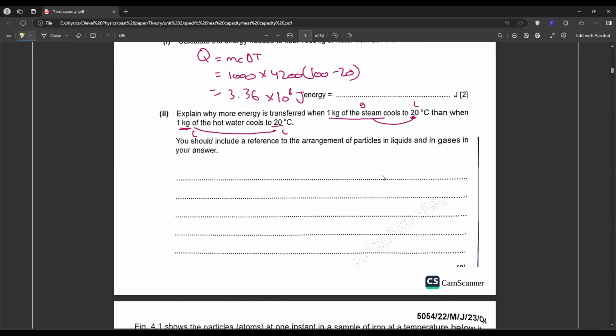Can you see when you are considering steam, there is a state change happening. So you can write here, if steam is to be cooled to 20 degrees centigrade, then gas condenses to liquid.